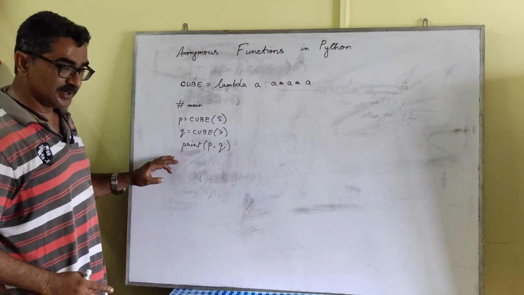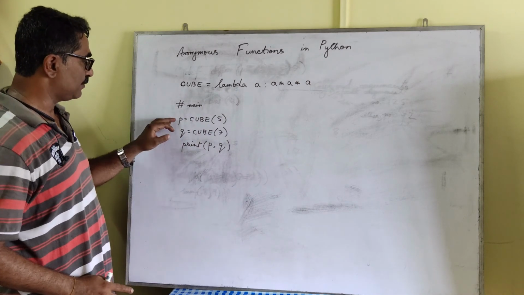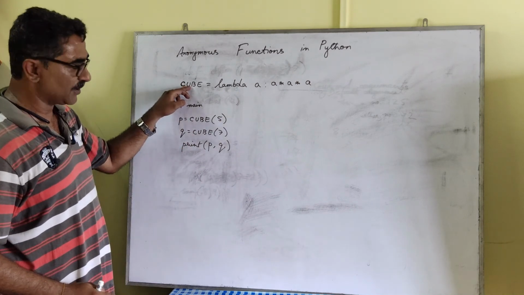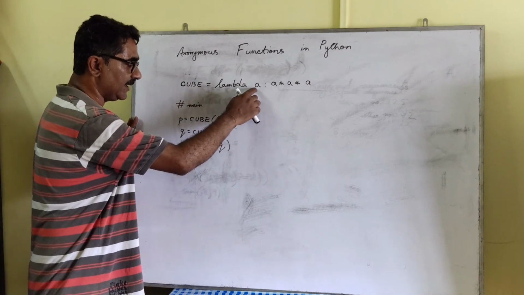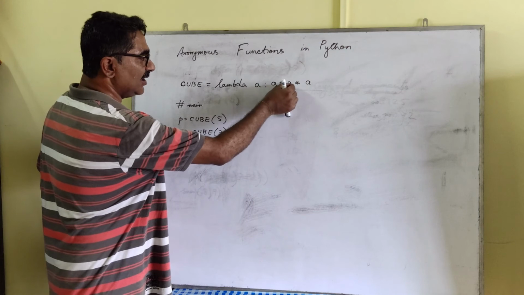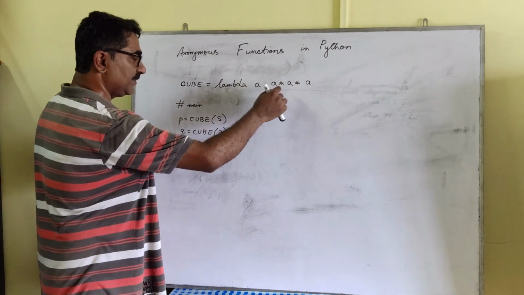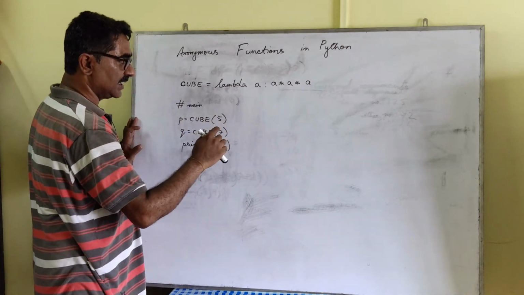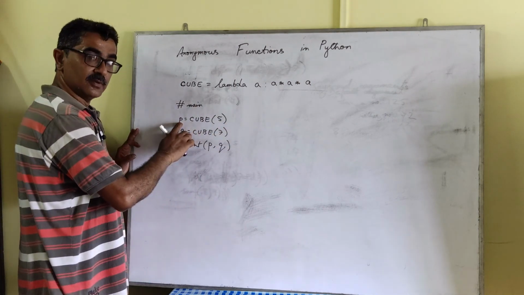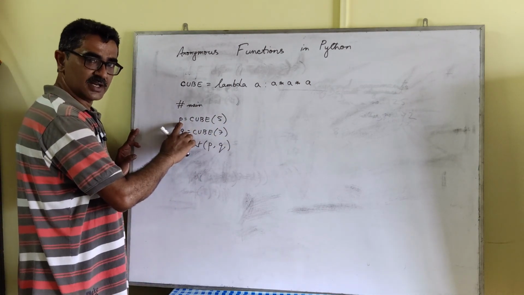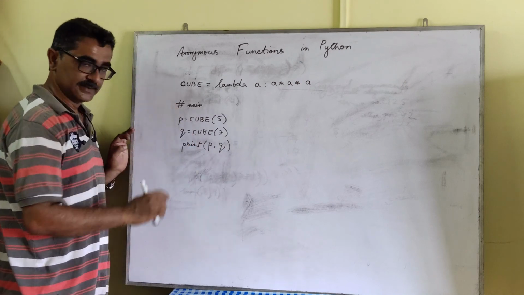Now look at the way I am invoking this anonymous function. P equal to cube, this is the name of that particular identifier, and I am passing 5. The value 5 goes to variable a. Now a into a into a, that is the cube, will get executed. That is 5 into 5 into 5. The cube of 5, that is 125, will get stored in P.